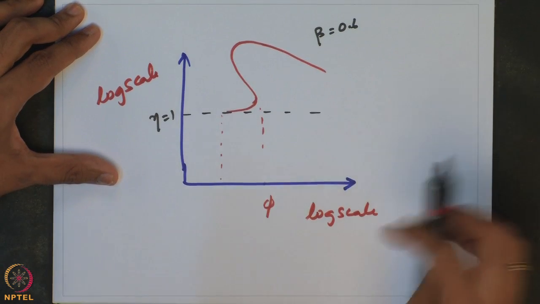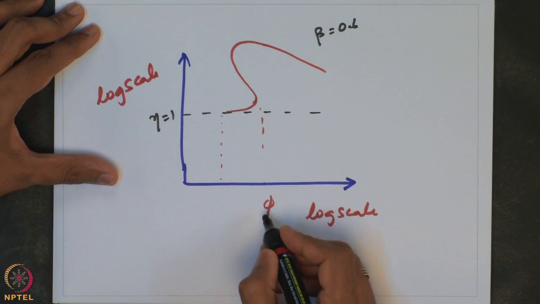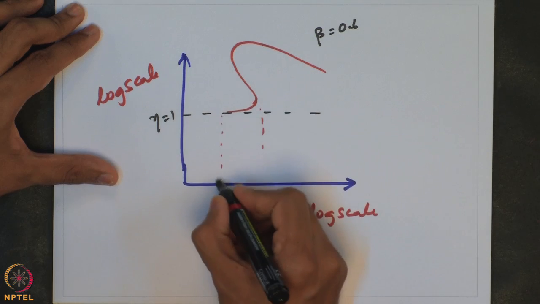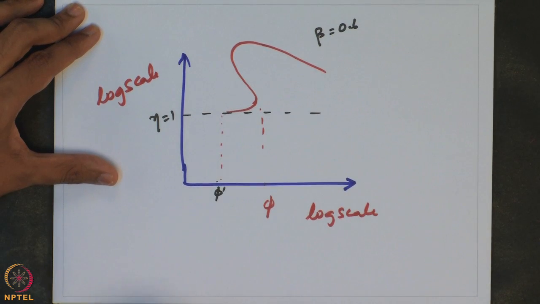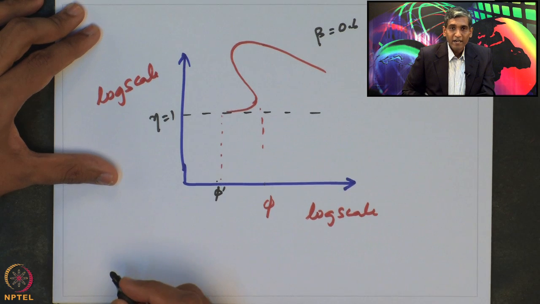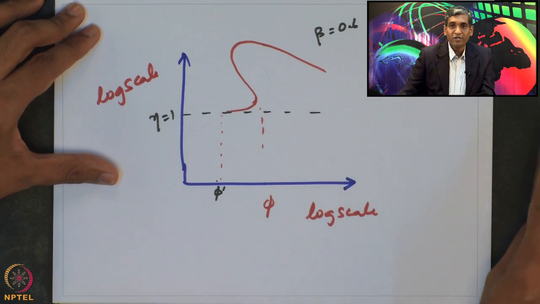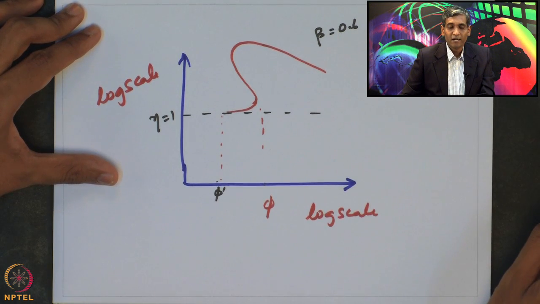So, now if I fix my Thiele modulus, let us say I start with this value of Thiele modulus, let us call this phi 1, and now I can actually change my Thiele modulus by changing the radius of the catalyst pellet.